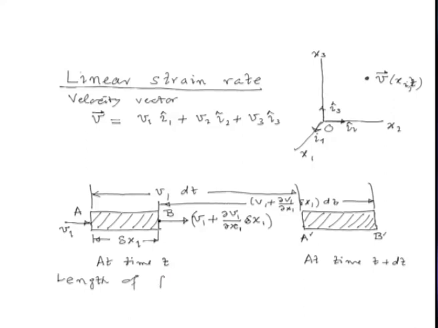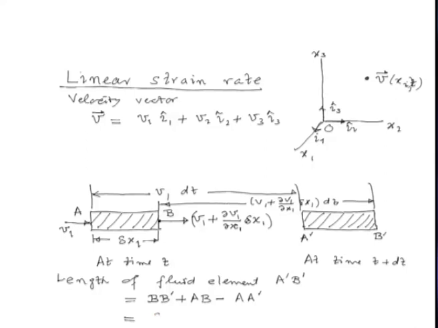So, the length of fluid element A prime B prime is simply equal to B prime plus AB minus A prime.